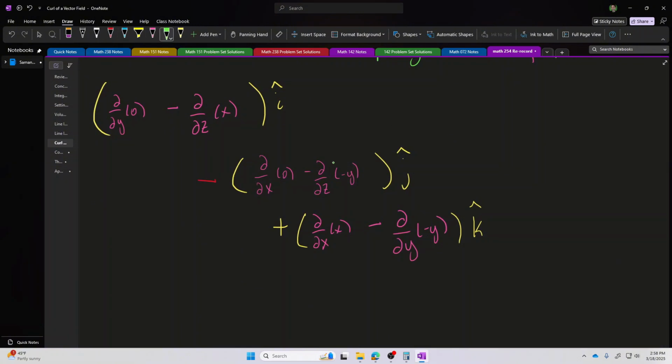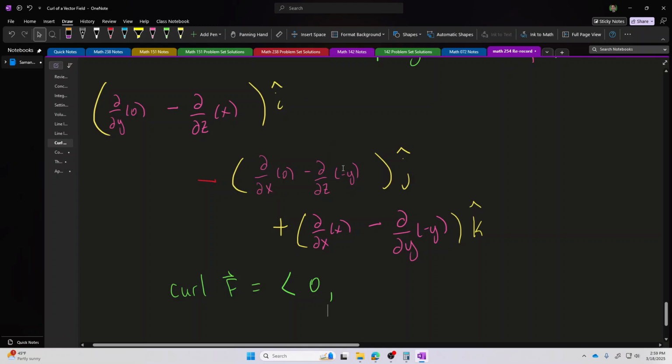Okay, let's go ahead and simplify this. The curl of this vector field: the partial of 0 with respect to y is surely 0. The partial of x with respect to z is 0 as well. So this first component of the curl vector next to i hat is going to be nothing. Likewise, the partial of 0 with respect to x is nothing.